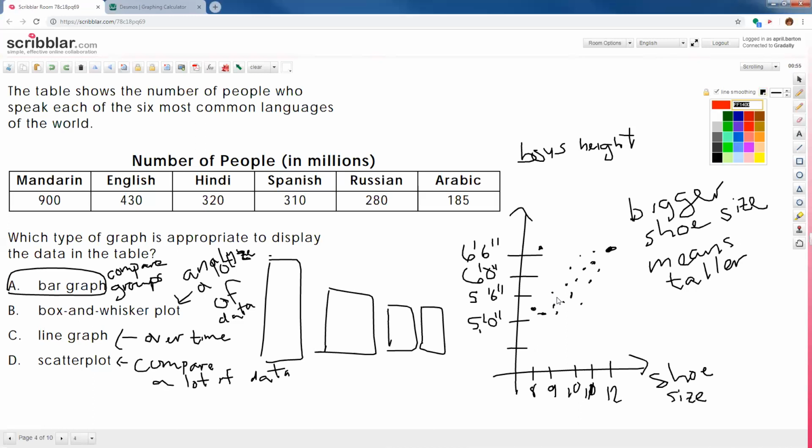Or they could say, does it have a positive trend or a negative trend? So if most of the data is grouped together like this, and you could draw a line through the center, even though there's one outlier, one that doesn't really fit with most of the data, if you're going up and to the right, this is a positive trend.